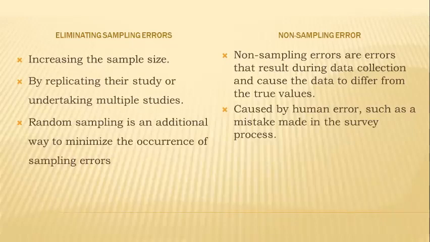So supposing a company wants to provide a subscription-based service that will allow consumers to pay a monthly fee so that you can stream videos via the internet connection. I am speaking about the non-sampling error, how this occurs, because this is a human error.